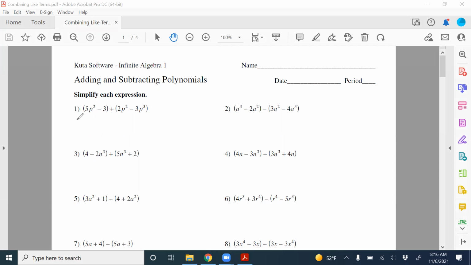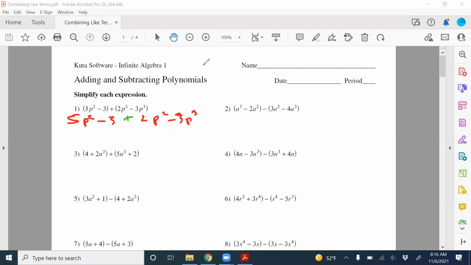So we could just write 5p squared minus 3 plus 2p squared minus 3p cubed. And the plus in the middle, I'll just color code it in green. But again, you could just remove the parentheses when there's a plus in between both groups.